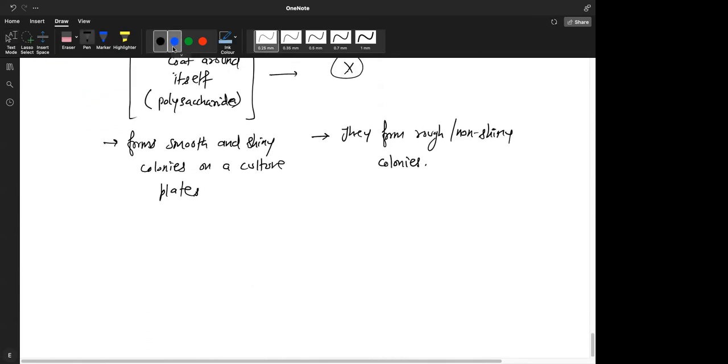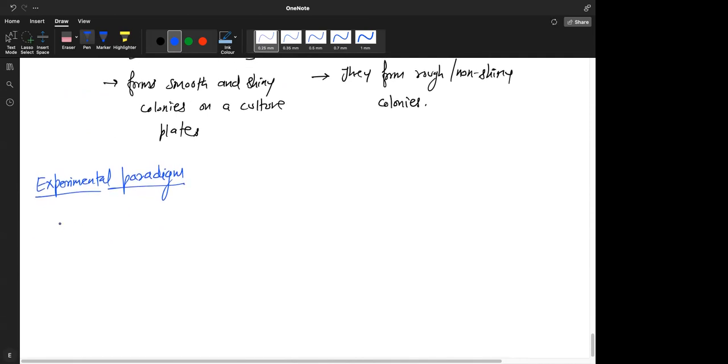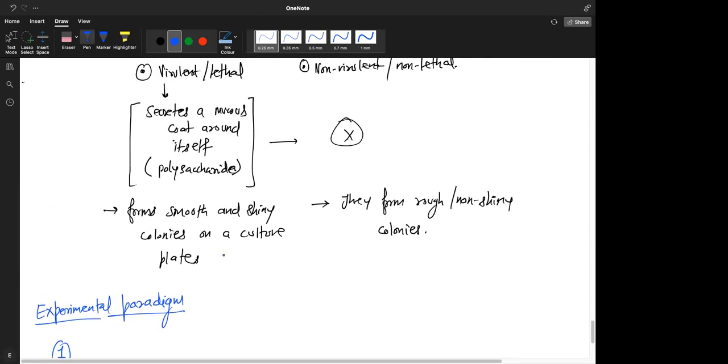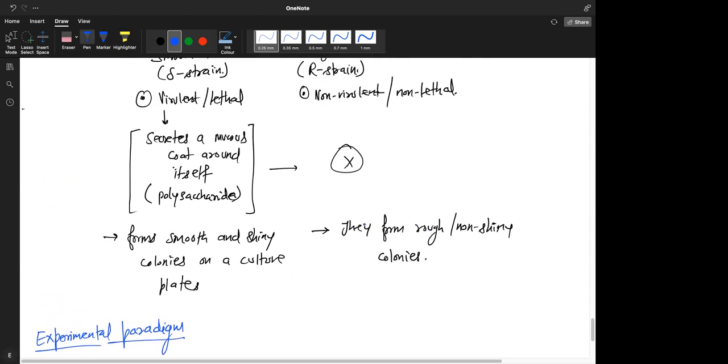Now let's see what the experiment is. So this is the experimental paradigm. Sir, the line you wrote in black just now, does it mean from smooth it becomes rough? No, both of them. Form smooth and shiny colonies on a culture plate, and they form rough or non-shiny colonies.